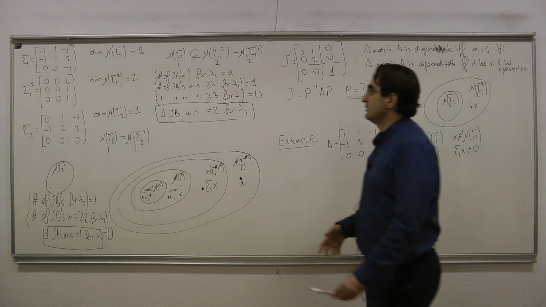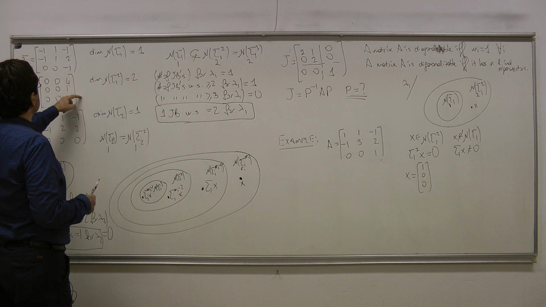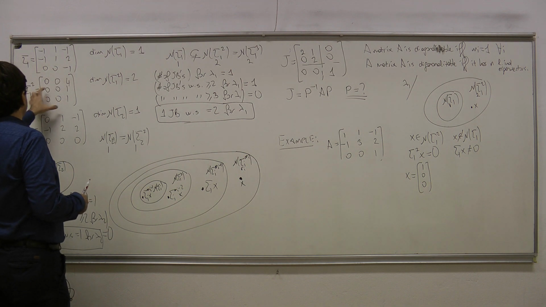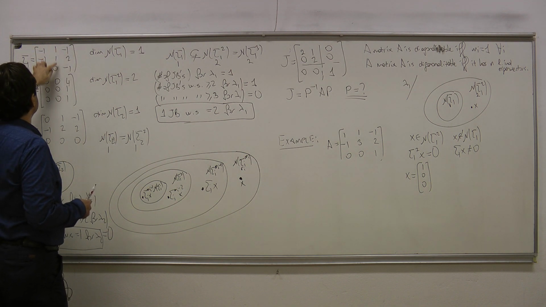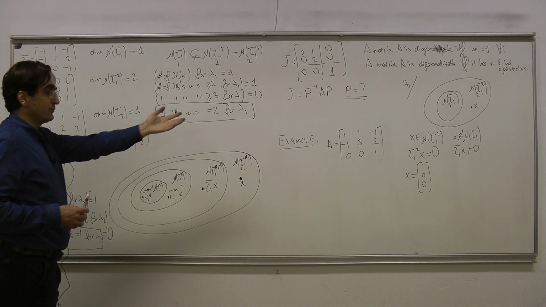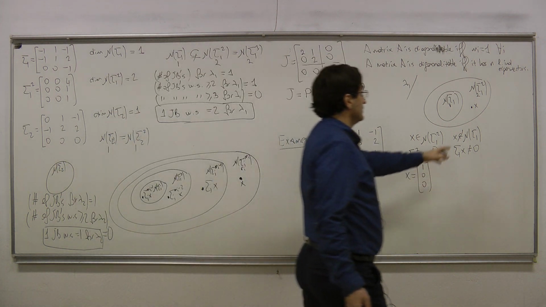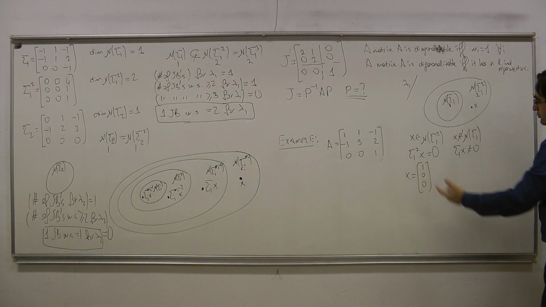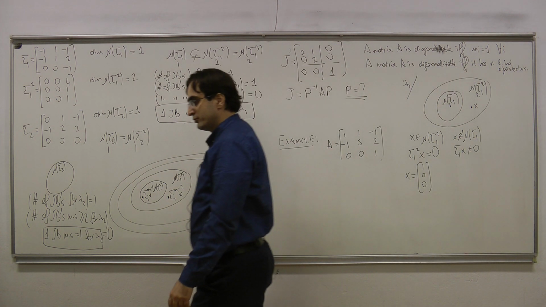For example, the X vector 0, 1, 0. It would give 0 when I multiply it with this matrix. And for 0, 1, 0, if I take the second column, it would give me 1, 1, 0, a non-zero vector. So the vector 0, 1, 0 would also be possible for my vector in this outermost test. But here I choose the first one that came to my mind, okay, which was 1, 0, 0.